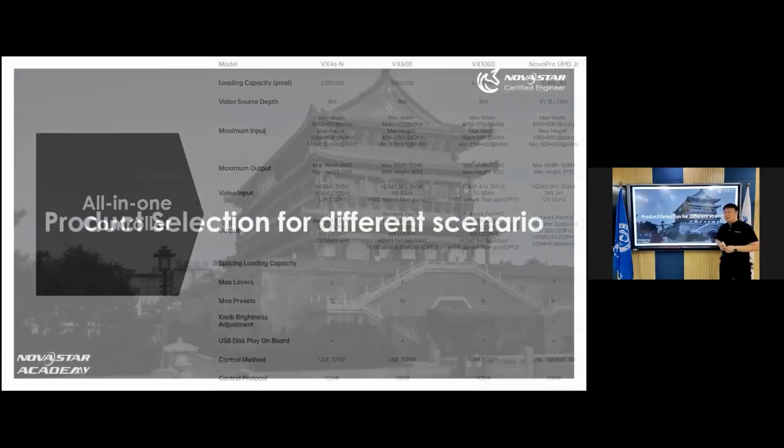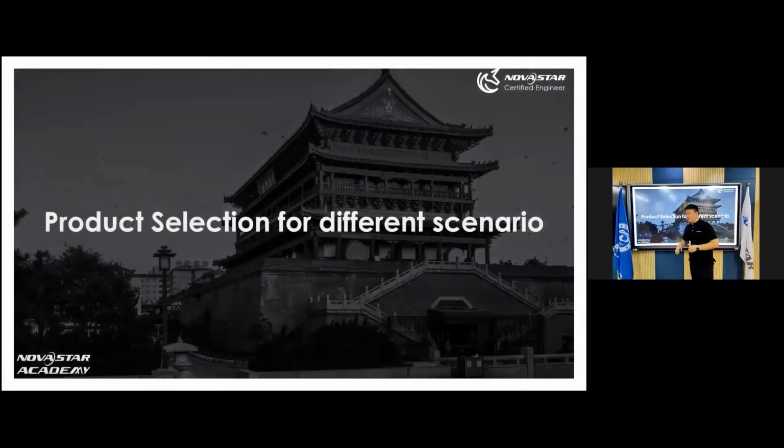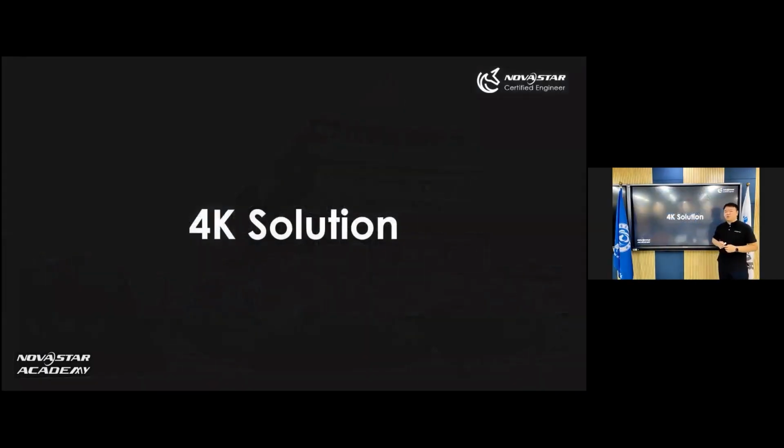Okay. Now we need to talk about the product selection for different scenarios. As we know, in the market, LED screens have become more and more common for different projects. For example, the 4K solutions, right? In this industry, we define the 4K solution with two resolutions.